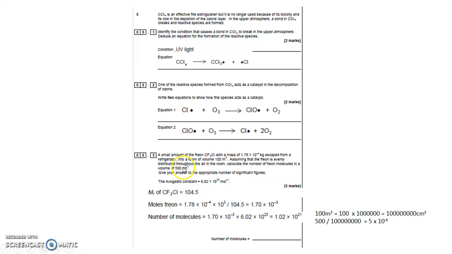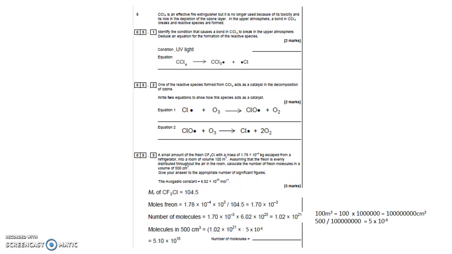I need to scale down to work out how many particles are only in the 500 centimeter cube sample. So the number of molecules in 500 centimeter cubed is this number of particles multiplied by my scaling down factor, 5 times 10 to the minus 6, and it comes out as 5.10 times 10 to the power of 15.